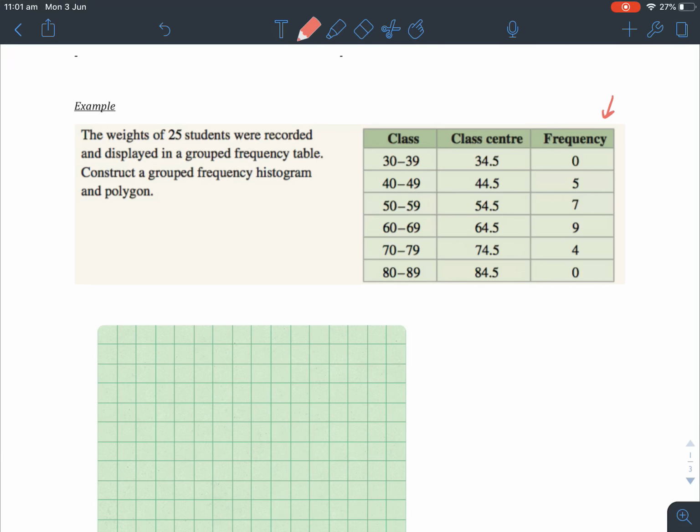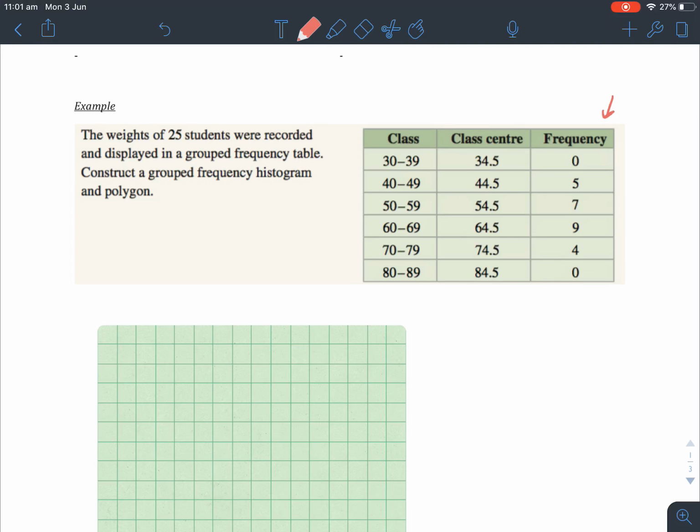You might also be wondering, how do you work out what the class center is? So the class goes from 30 to 39. This represents the group of students who weigh between 30 kilos and 39 kilos. We've just put it in one big group there. And the next one, 40 kilos to 49 kilos.